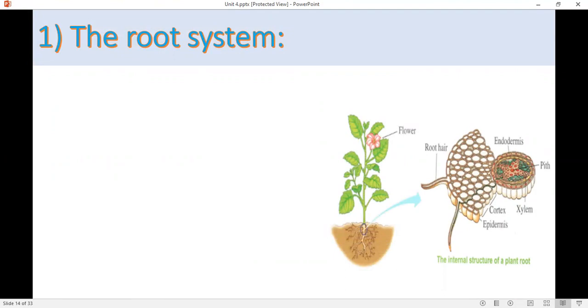If we take a cross section in a plant root, we notice that it consists of many layers. It's composed of a number of layers, starting with the epidermis, which is a thin layer, then the cortex, which is a thick layer that follows the epidermis, then the endodermis, and here is the xylem, and in the middle, the pith layer.